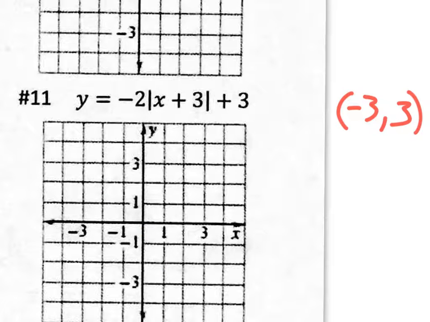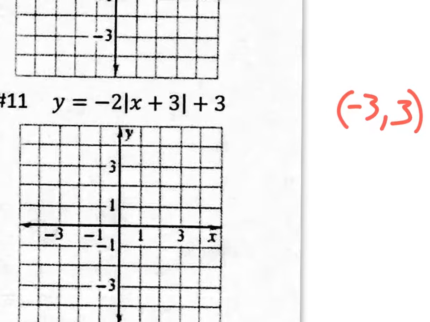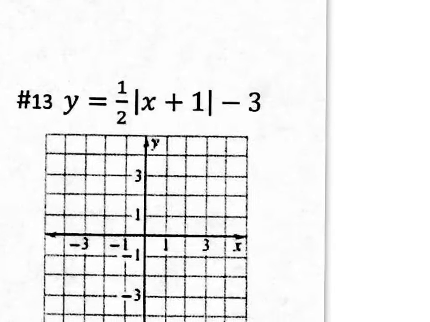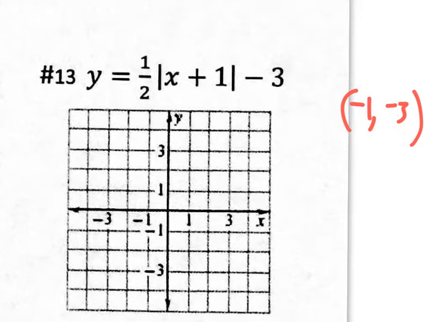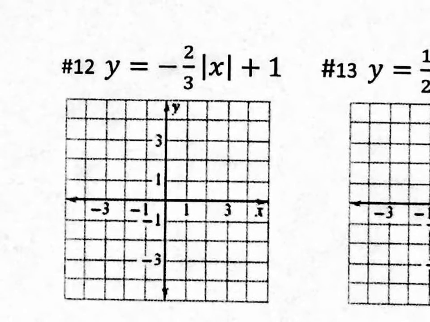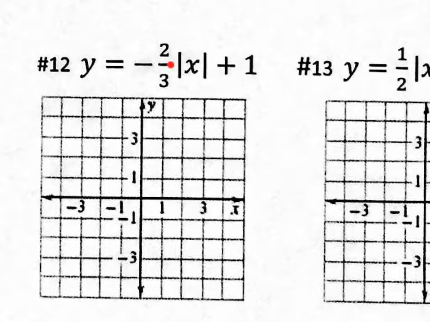But let's not worry about that right now. Let me delete this. Just for kicks, what's my h and k right here on number 13? Negative 1 and negative 3, perfect, okay. Just for kicks, what would this h and k value be?